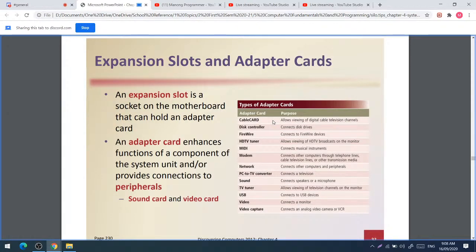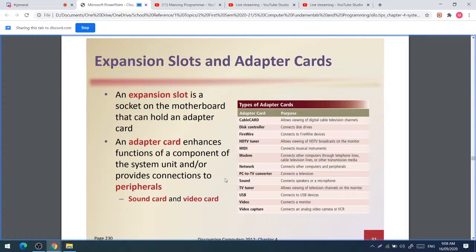We also have the expansion slots and adapter cards. So, expansion slot is a socket on the motherboard that can hold an adapter card. So, an adapter card enhances functions of a component of the system unit. So, basically, expansion slots is used to hold expansion cards or adapter cards.